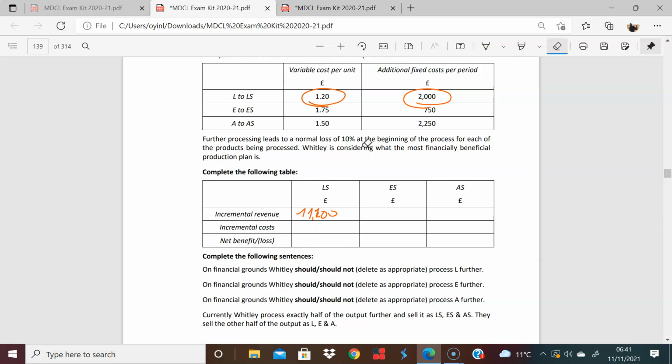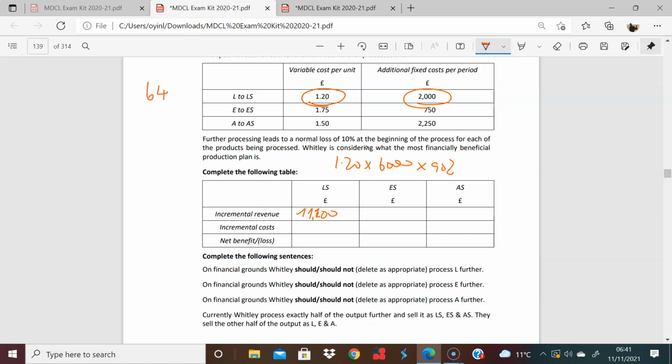So my incremental cost is really made up of the process cost: £1.20 times 6,000 times 90%, because you're going to lose a few. So 1.2 times 6,000 times 0.9 gives you 6,480.